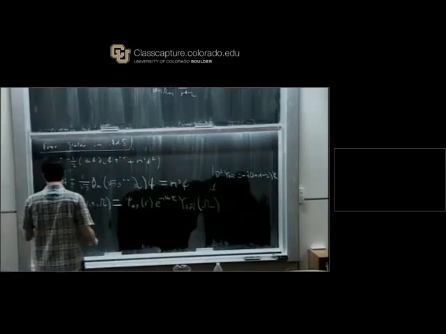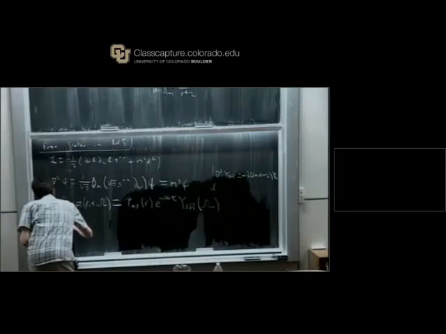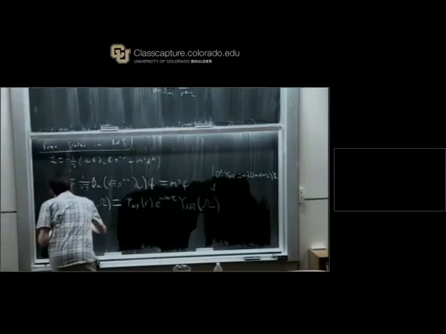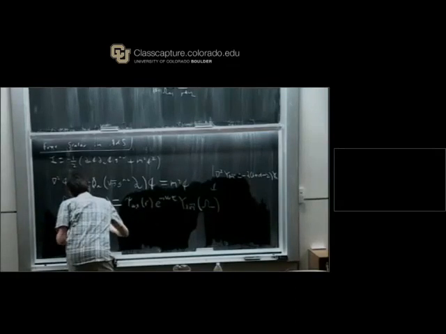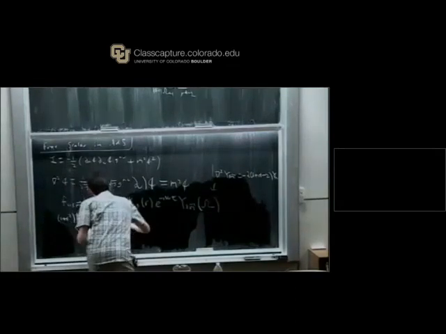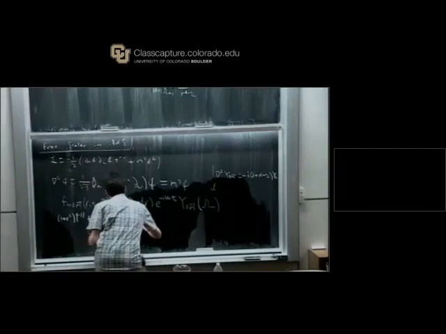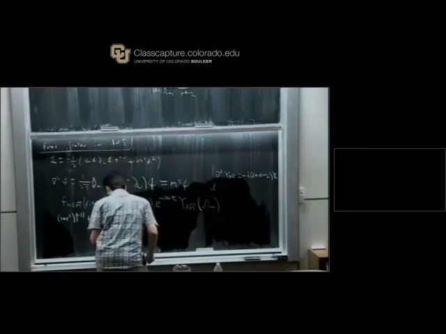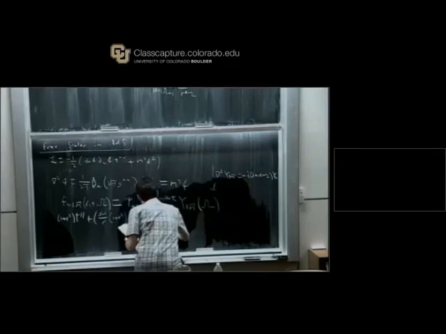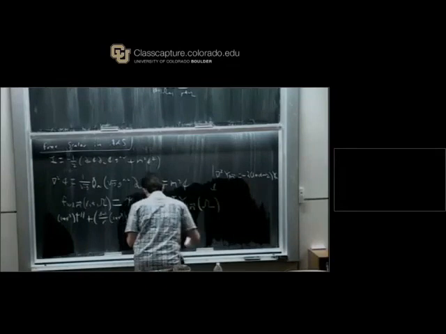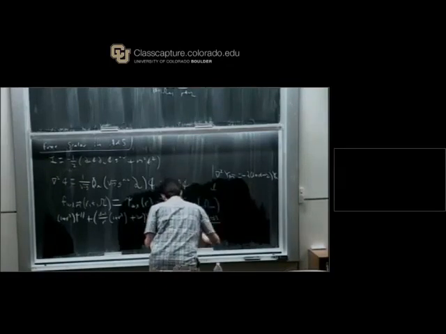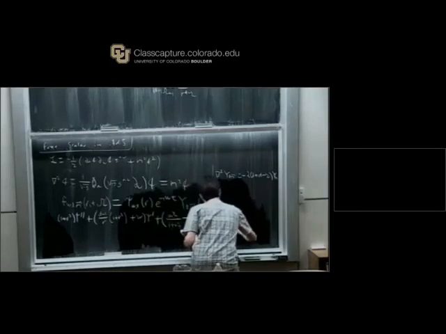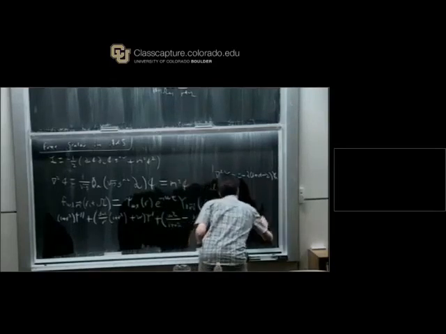For fun, maybe I'll write out the equation that you get for psi. So sorry, this will take a sec. So (1 plus r squared) psi double prime plus ((d minus 1)/r times (1 plus r squared) plus 2r) times psi prime plus (omega squared over (1 plus r squared) minus L times (L plus d minus 2) over r squared minus m squared) times psi is 0.